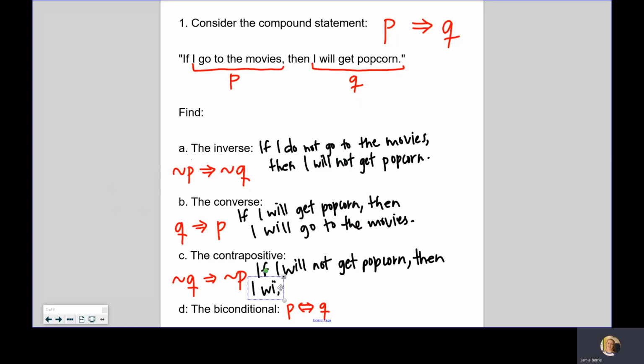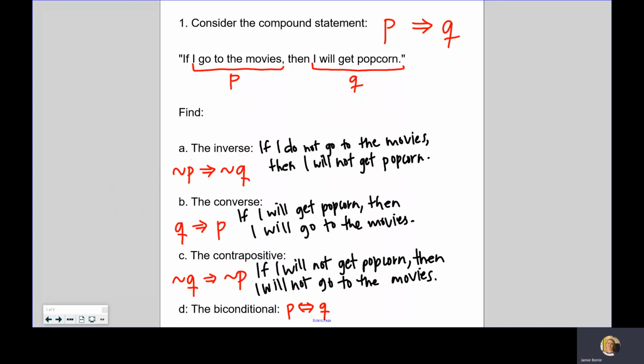Whoops, sorry. Pressed a button on my pen. Okay.